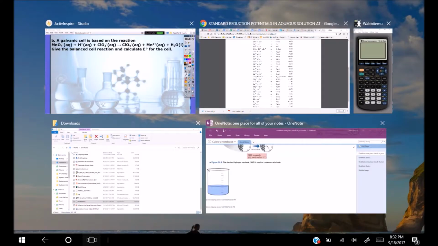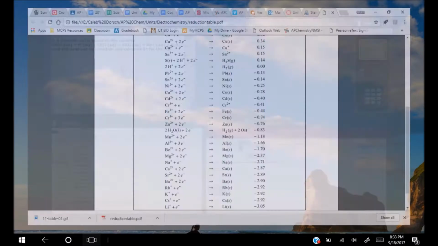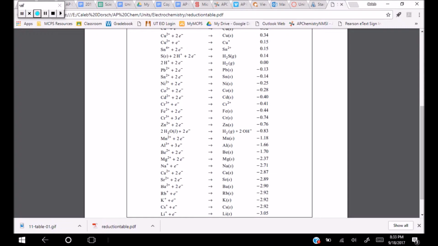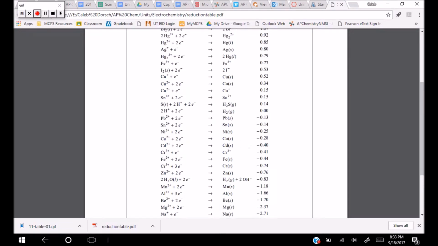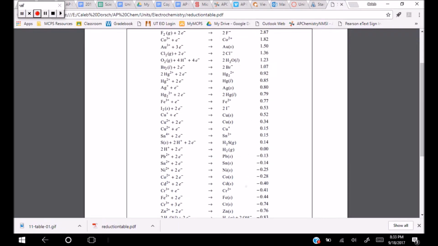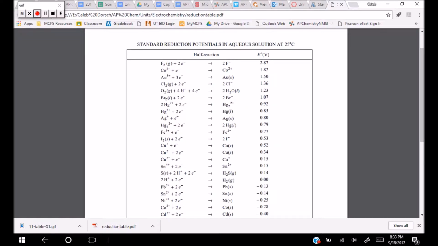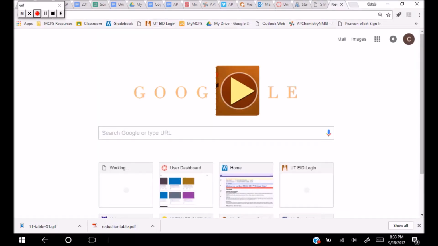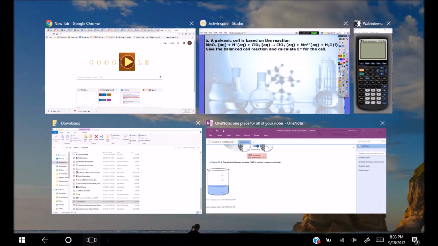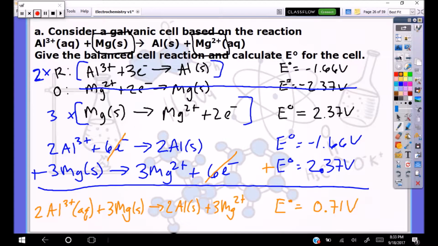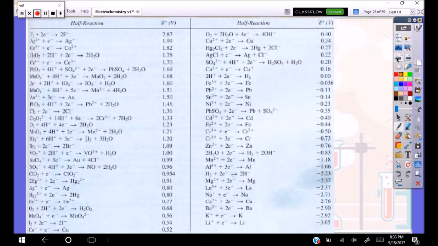All right. The first one's easy. We want the MnO4- and Mn2+. So let's look. It's not on this one. But it might be back on the one that was in here earlier.